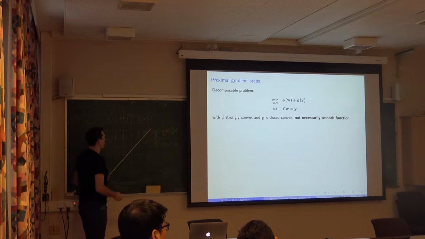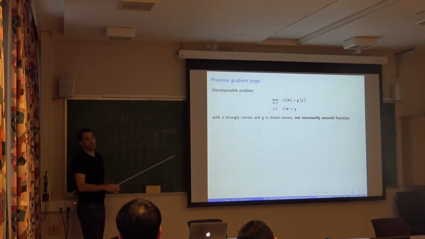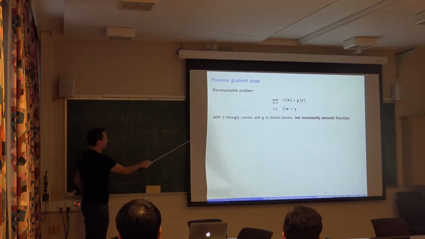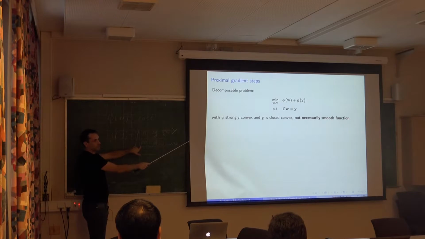All right, so something that would be called an indicator function. So if your y is in the correct set, it would return 0. If it's outside of the correct set, it would return infinity. If you're trying to minimize the problem over this, well, that's an easy way of saying you don't want to be there.